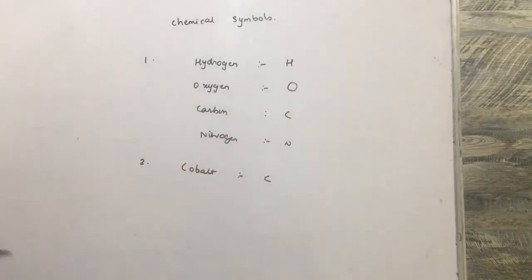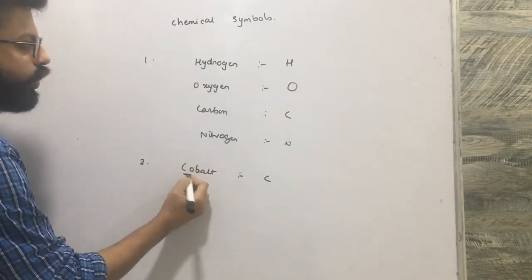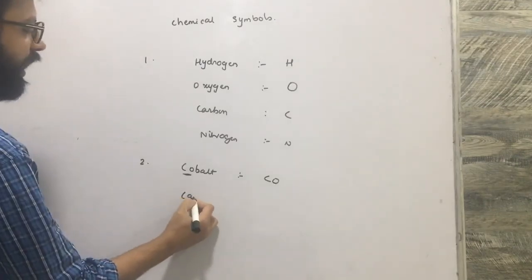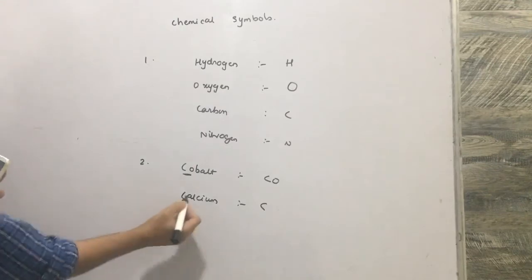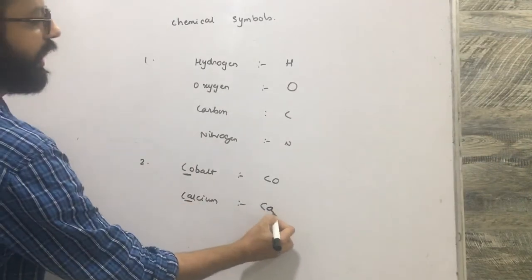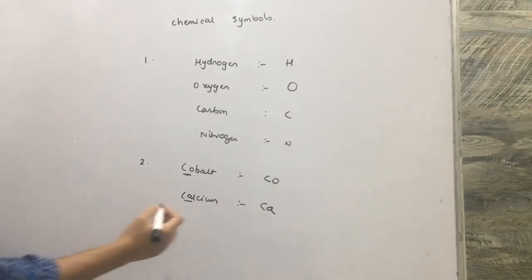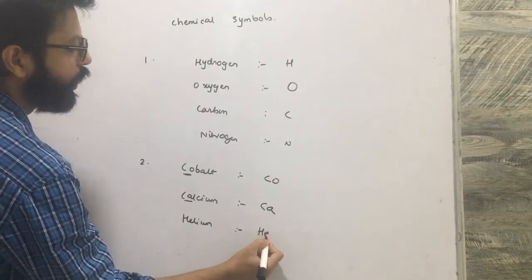So they took one more alphabet, the next letter, that is O. So the first two letters, CO, for cobalt. Similarly calcium: it starts with C, so you cannot assign C to it, so the first two letters, CA. Next is helium. There are various examples where the first two letters are used.